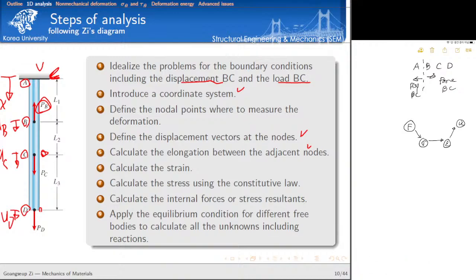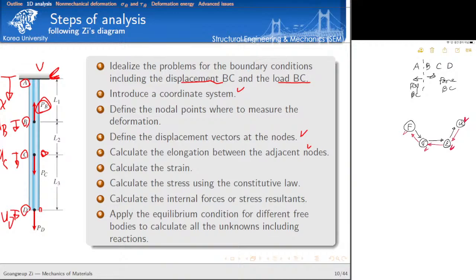Actually, this is my preference. I like this direction better because this is more general. Maybe I can explain the reason later. We need to consider the nonlinear behavior. Anyway, this is more general, okay? First, we define the displacement field, and then we calculate the corresponding strain and stress, and we finish our analysis by checking the force equilibrium.